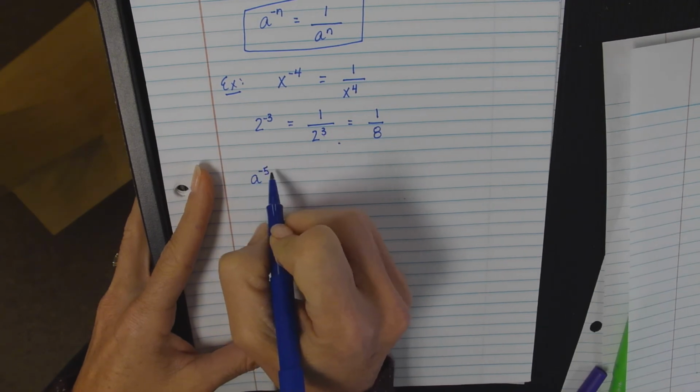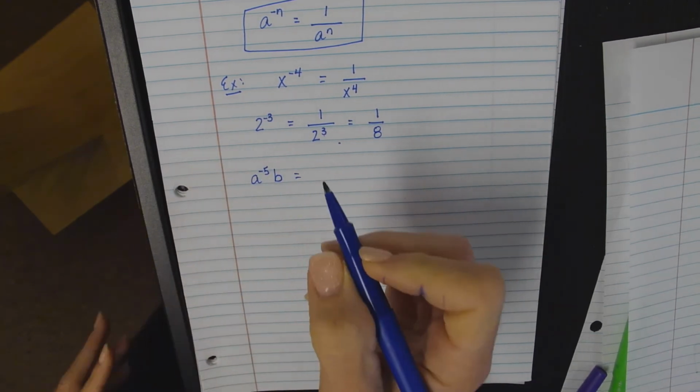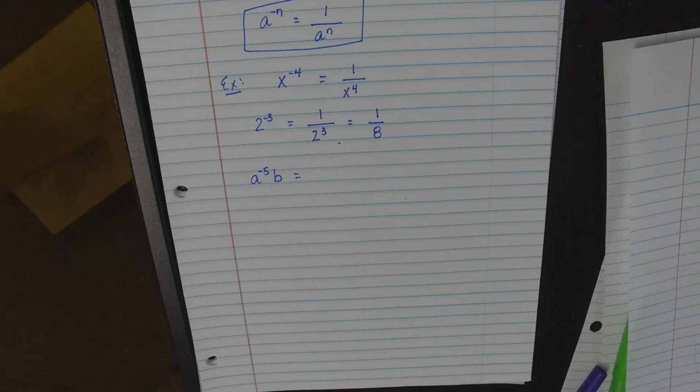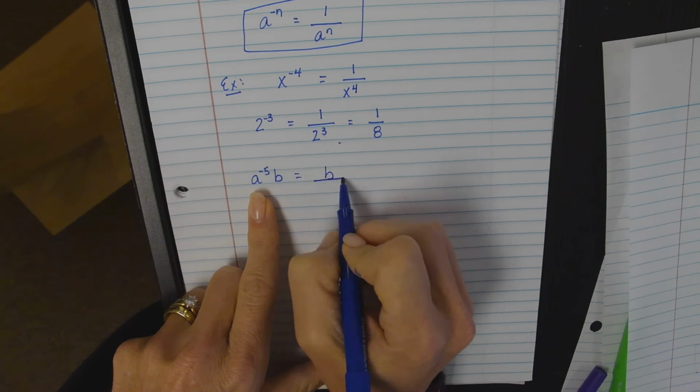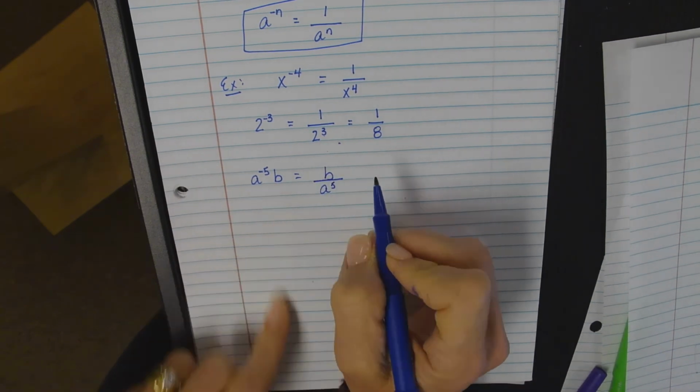A negative 5b. What goes to the denominator? The b stays put and you have a to the fifth here.